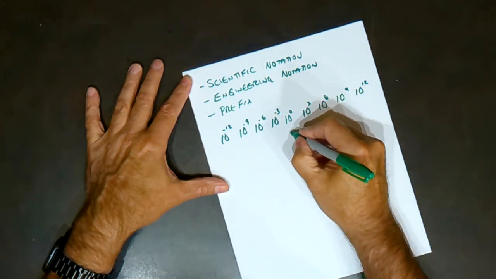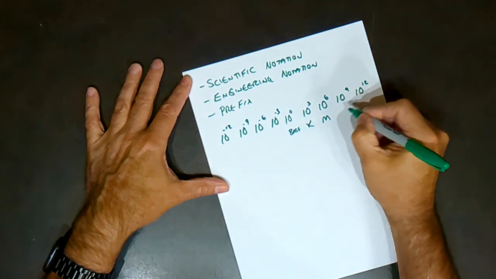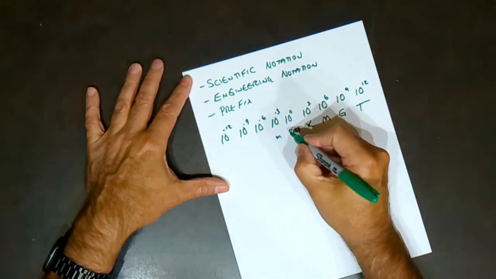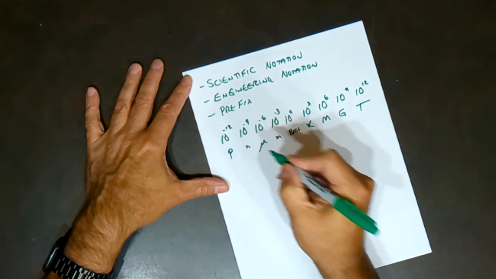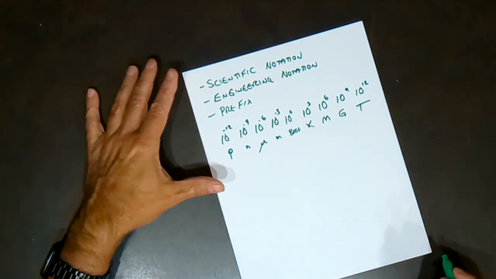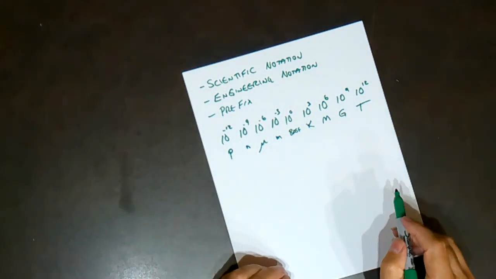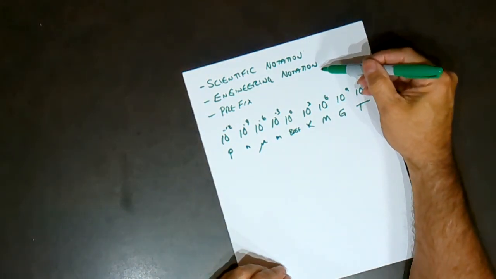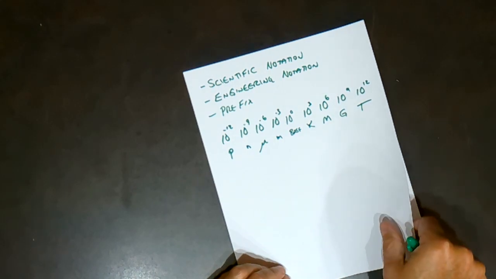And that was the base unit, kilo, mega, giga, tera, milli, micro, nano, pico. And then how to go back and forth between each one. So know what scientific notation looks like, know what engineering notation looks like, as well as the corresponding prefixes.